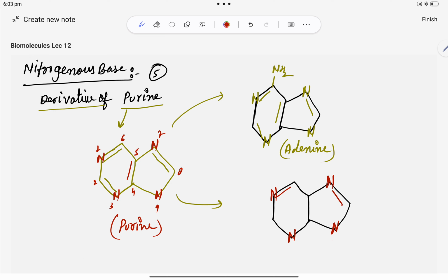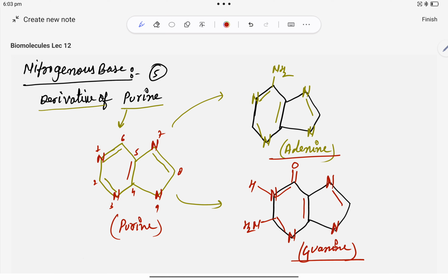Double bond, double bond, double bond, double bond. In this place NH2 will be attached. To this nitrogen, hydrogen is attached. Here a double bond is attached, remaining as it is. It's called guanine. This is the second nitrogenous base. First nitrogenous base adenine and guanine. These are the two nitrogenous bases which are derived from the purine.